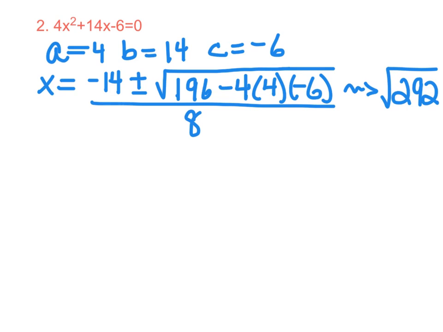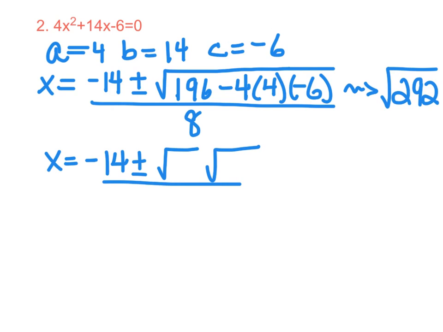Okay, so then what I have is x equals negative 14 plus or minus. Now I want to break that 292 down into two numbers that multiply to 292, and one of them is a perfect square. So what I picked was 4 and 73.